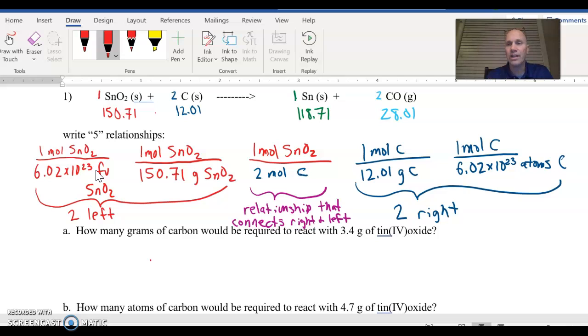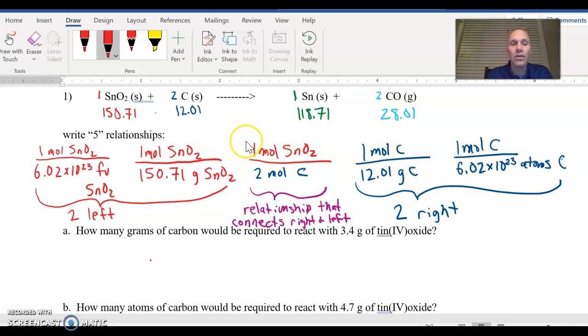It just tells you how many that word corresponds to. Notice I've done the same thing over here. 1 mole of carbon is 6.02 times 10 to the 23rd atoms of carbon. That is the definition of what a mole is. It's just 6.02 times 10 to the 23rd of anything.